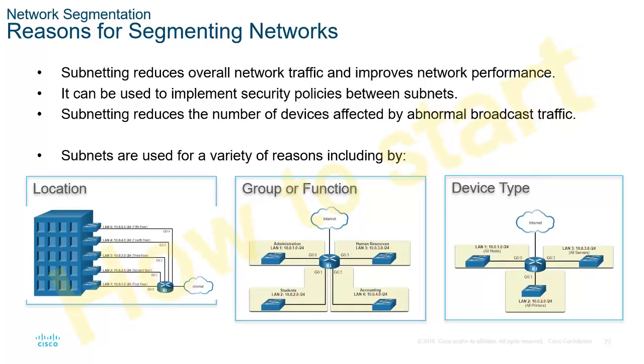But in reality, we don't do this physically. Again, the purpose is so that we can reduce the overall network traffic, improve performance, improve security, and look at traffic behavior, things of that nature. We can group things by location, group, functionality, or device types. We may have all printers on one network, all servers on another network, all phones on a third network, all computers on a fourth network.